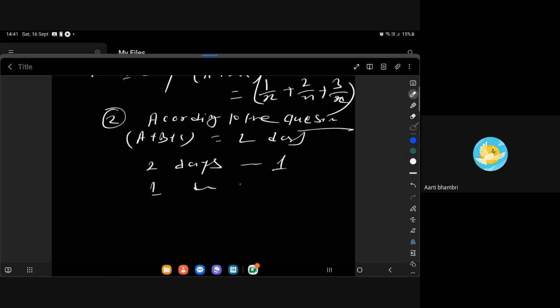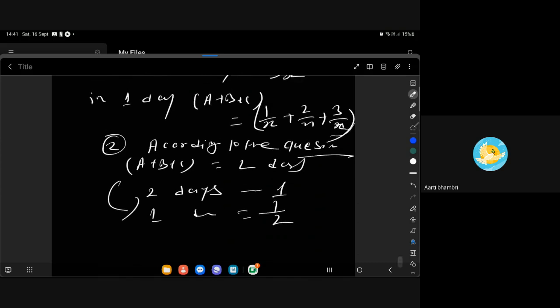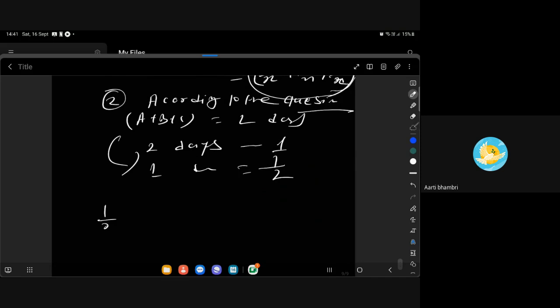In 1 day, how much will they do? 1 by 2. But according to us, in 1 day they are doing 1 by X plus 2 by X plus 3 by X. But according to them, it is half. So both are equal. Understood this portion? Yes, sir.